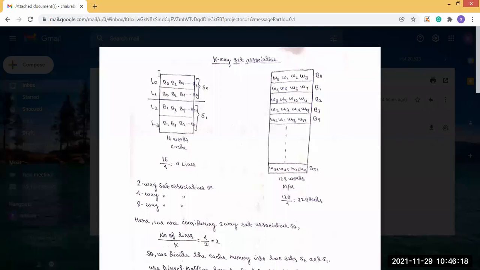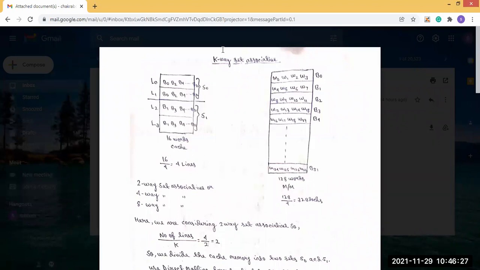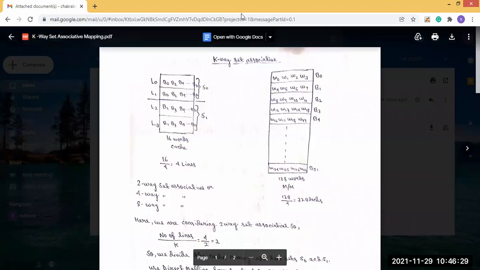And here also we have the cache. This cache is capable of storing 16 words, and we say line size equals block size.